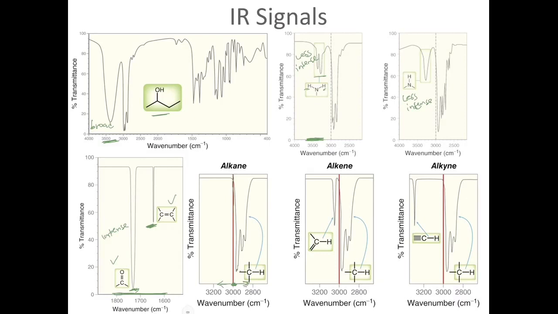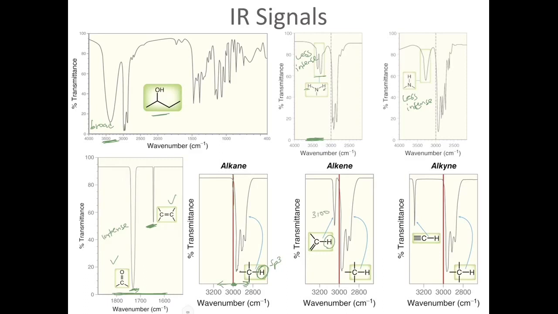That means the compound is going to be sp3 hybridized, so that the hydrogen here is in an sp3 hybridized carbon. If the hydrogen here is in an sp2 hybridized carbon, then the peak will appear above 3,000, usually at around 3,100. Around 3,100 wave number.